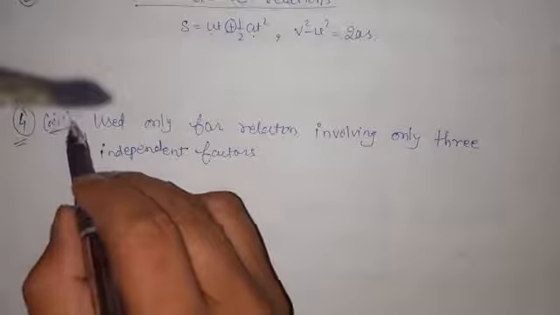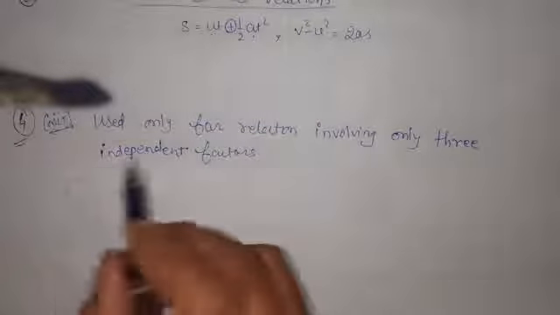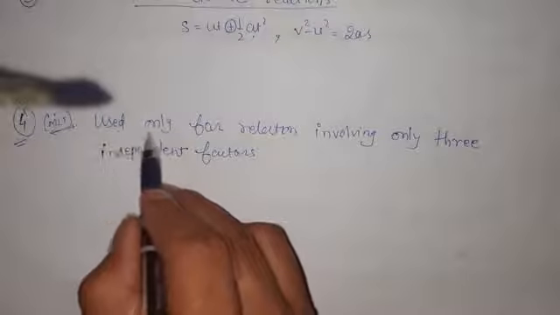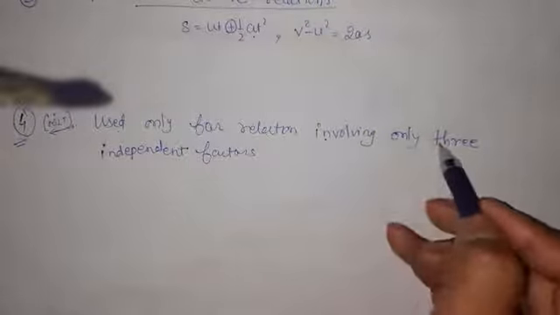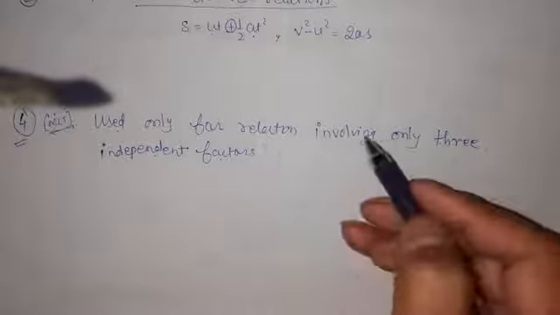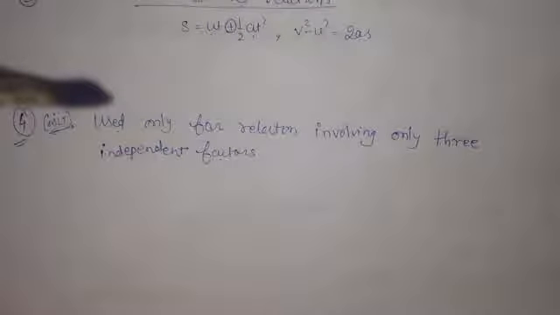If there are more than these three, it cannot be derived with the help of dimensional analysis. So it is used only for relations involving only three independent factors. If there are more than three, you can't use dimensional analysis.